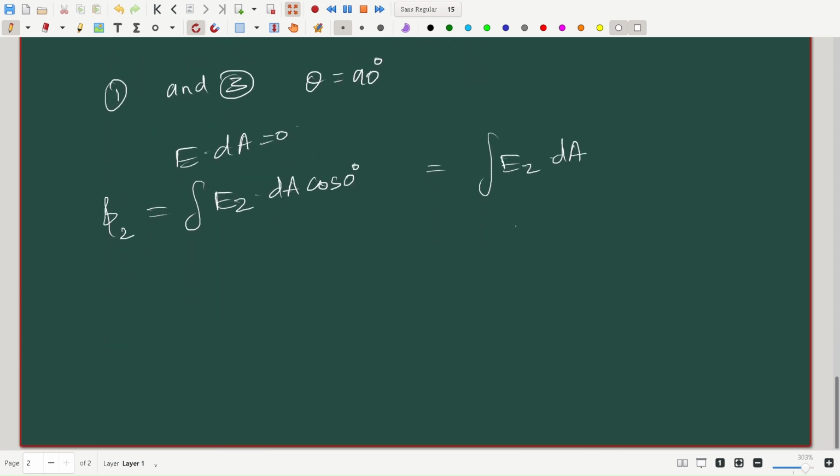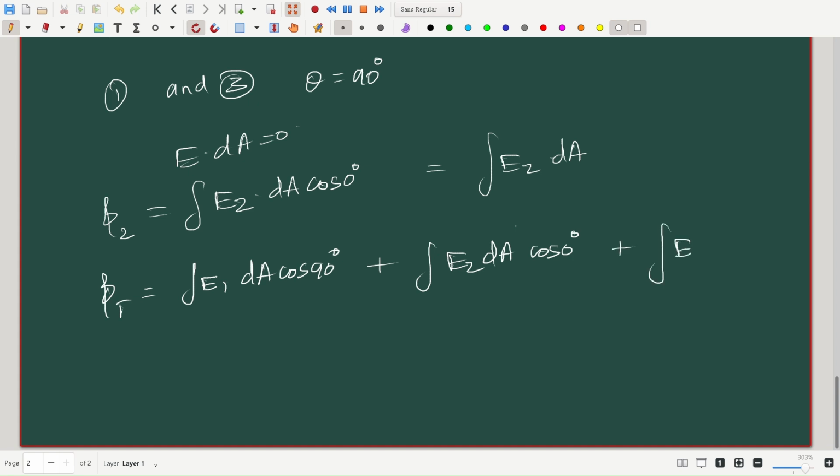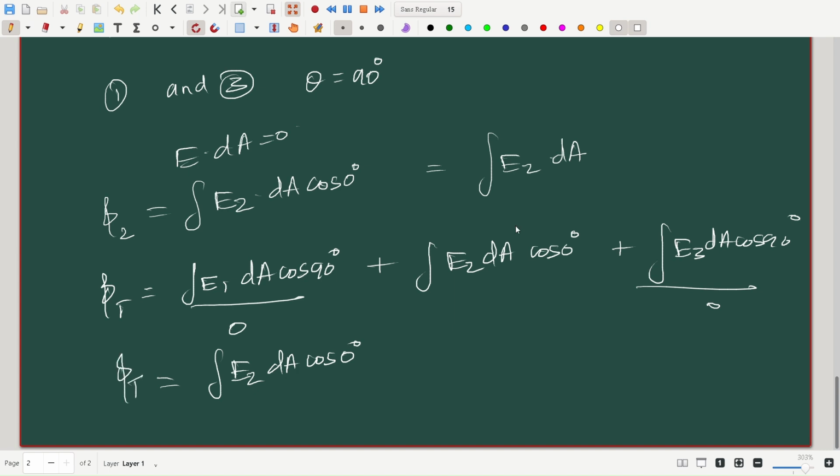Substituting all these in the above equation, you get phi total is equal to integral of E1 dA cos 90 degree plus integral of E2 dA cos 0 degree plus integral of E3 dA cos 90 degree. As previously said, these two terms become 0 and you only calculate E2 dA cos 0 degree. This is the total electric flux.